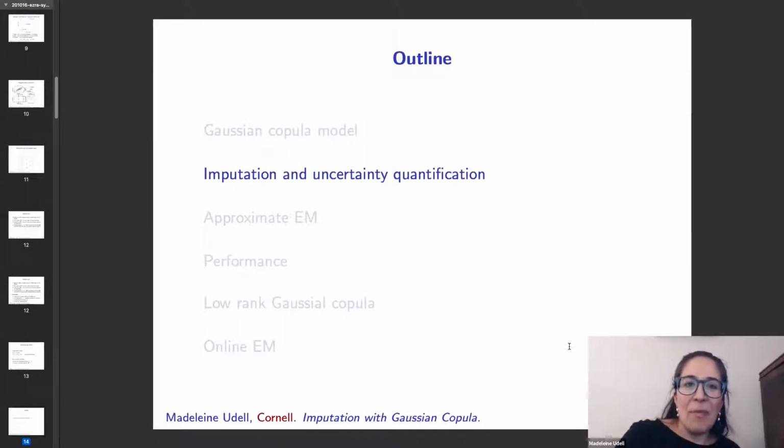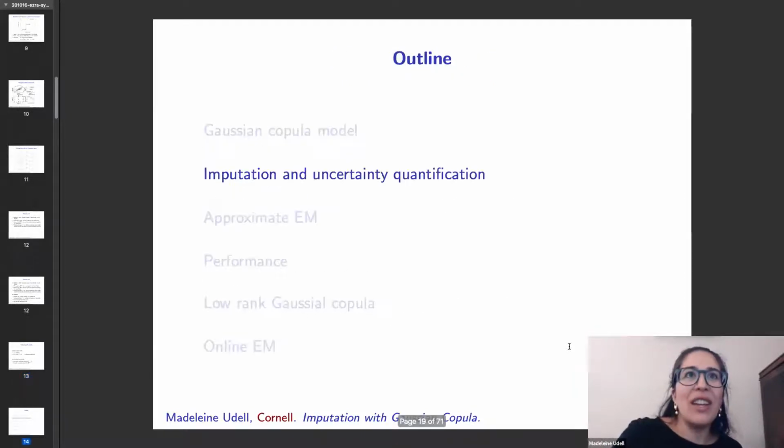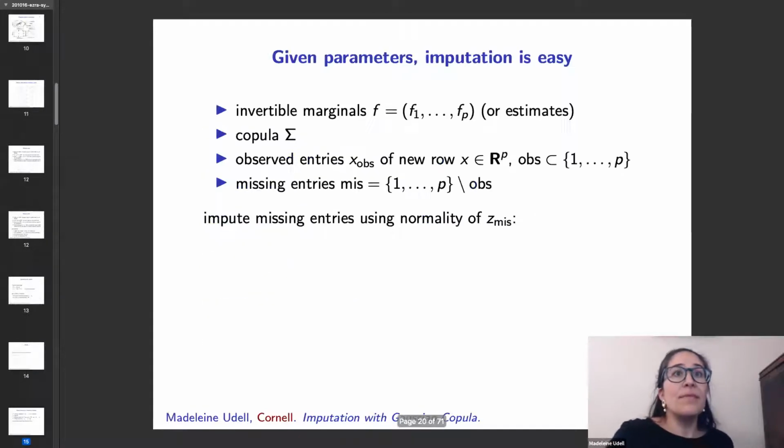But let's imagine first that I've estimated these parameters. I know the marginals and I know Sigma. I want to show you how you can do imputation and uncertainty quantification once you have these. So once I have these parameters, let's say I've got invertible marginals, just the easiest case, where all the distributions are continuous. And I've got this correlation Sigma.